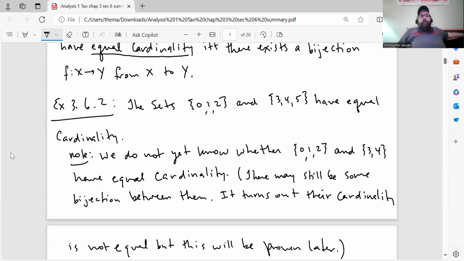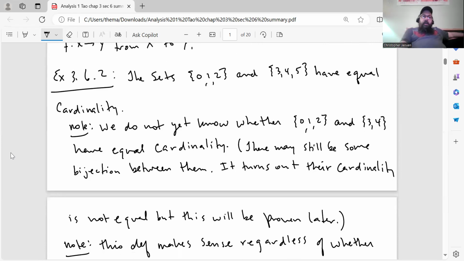All right, he gives an example here, example 3.6.2. The set containing 0, 1, 2 and the set containing 3, 4, 5 have equal cardinality because we can set up a one-to-one correspondence between them, or in other words, a bijection. He says, note, we do not yet know whether the set containing 0, 1, and 2 and the set containing 3 and 4 have equal cardinality.